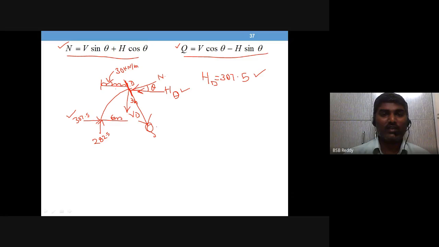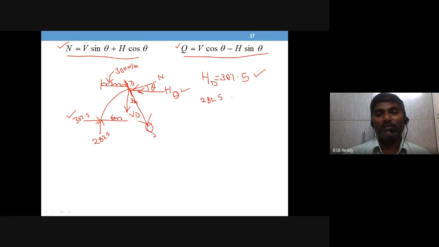What is the vertical reaction? Now you see there are two vertical forces to the left of D. One is 282.5, another is 30 into 6. 282.5 is vertical upward. So either you apply vertical upward positive or downward positive, whatever it is.